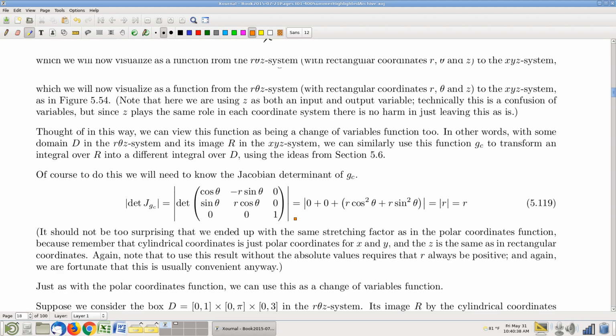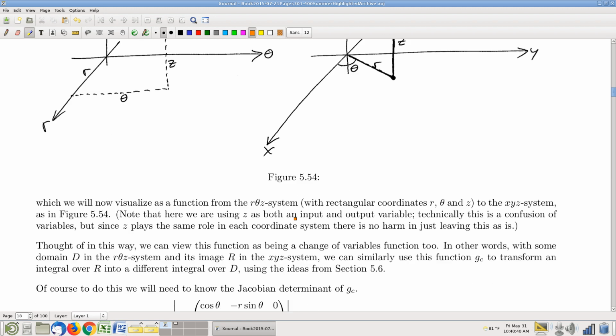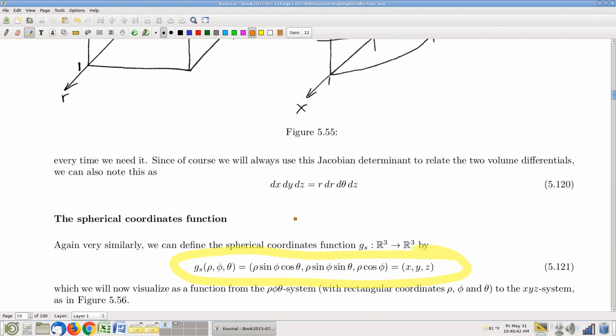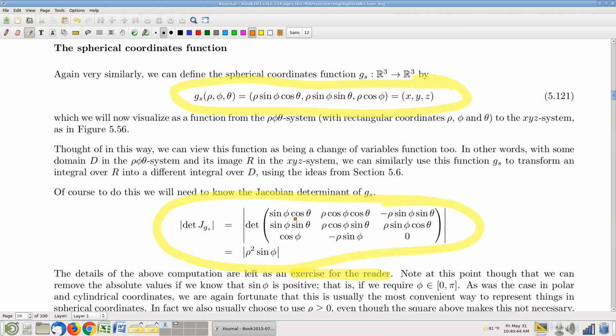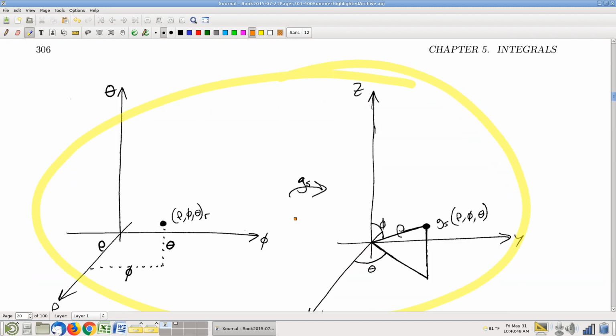Okay, so hopefully no surprise. Spherical coordinates can be thought of as a change of variables function. I'm going to go a little quicker through this because this is our third time of implementing morally the same idea.